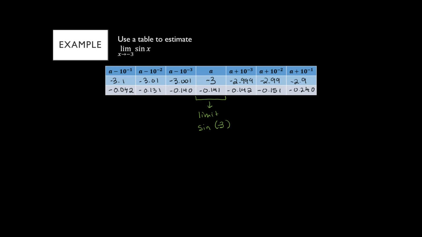So if you did the average method to estimate the limit in the middle there, you would get the same approximate rounded answer of -0.141. So our limit as x goes to -3 of sine of x is sine of -3, or approximately -0.141.